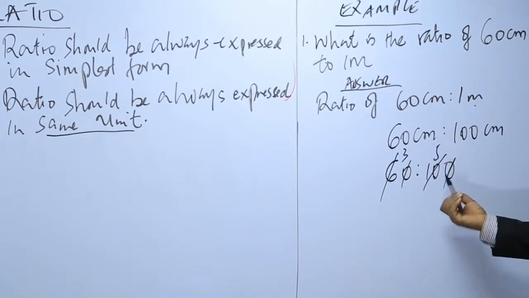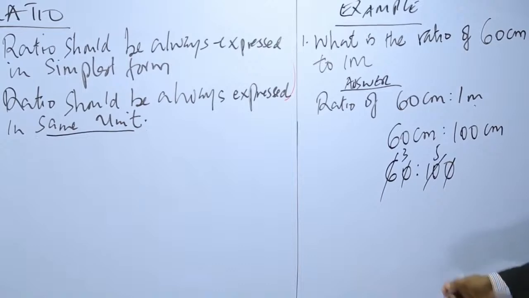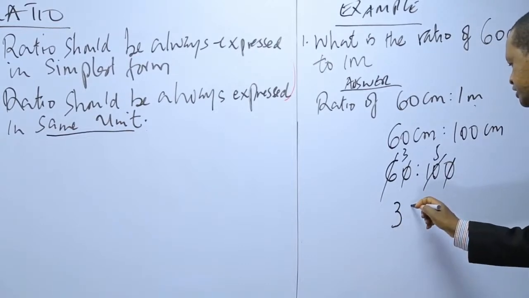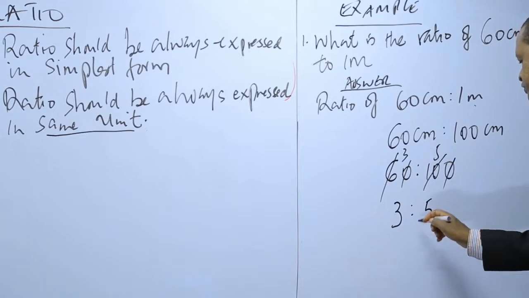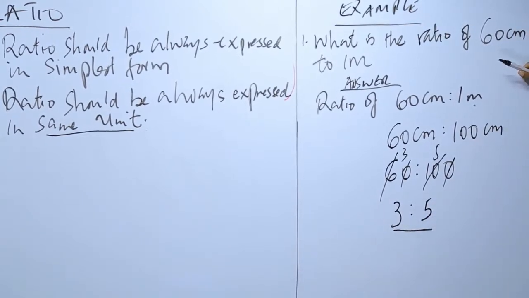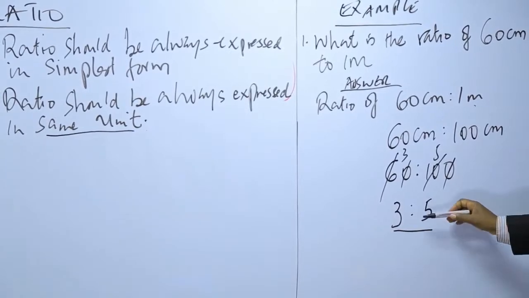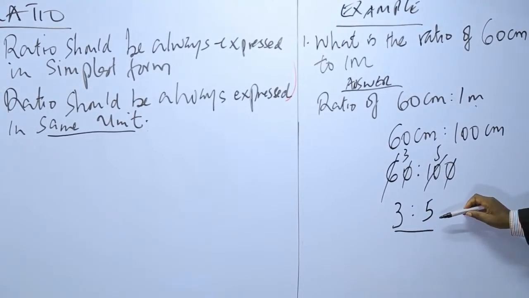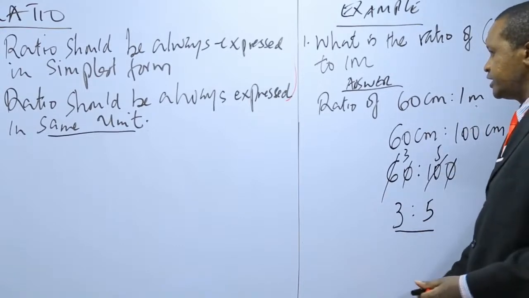Therefore, 60 to 100 in its simplest form, we have 3 to 5. So the ratio of 60 centimeters to 1 meter will be equal to 3 to 5.